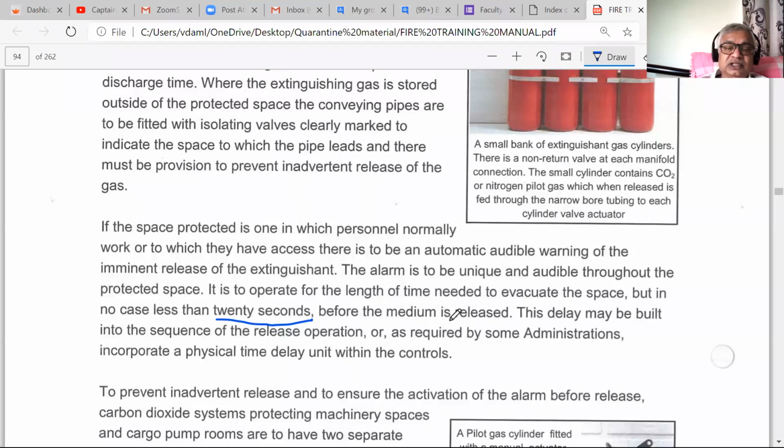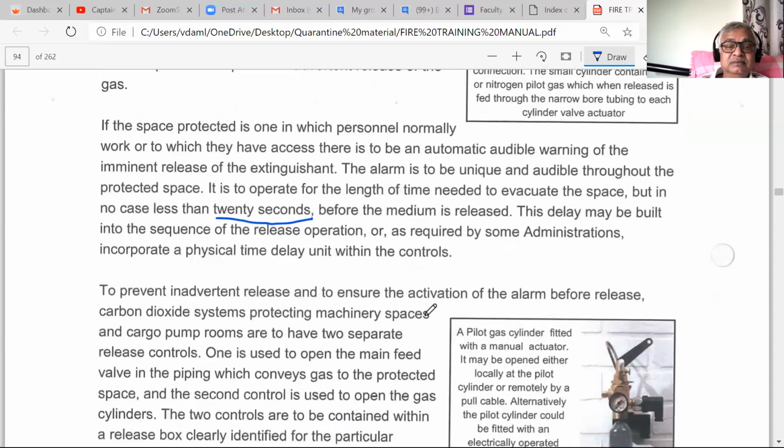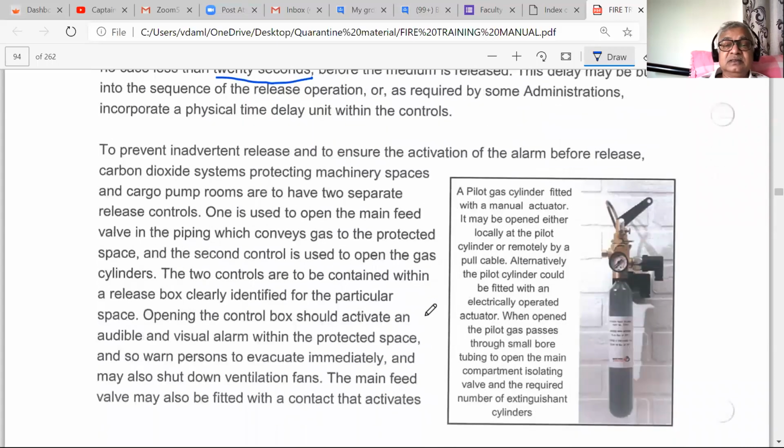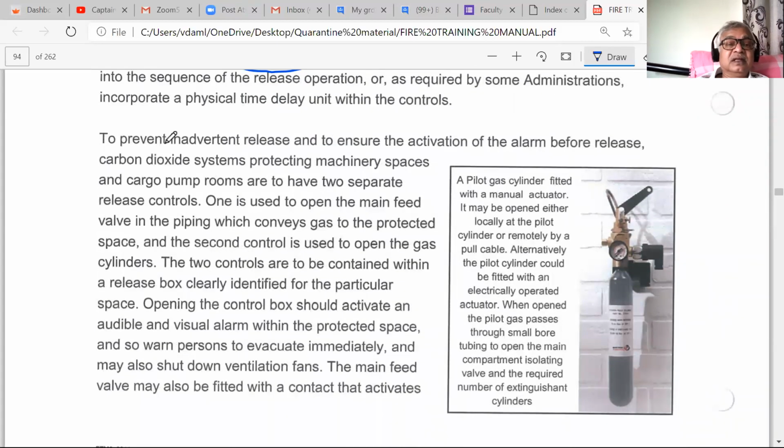This is not less than 20 seconds; it might be even more. In most cases it will be at least about 2 minutes, allowing people to escape from the engine room. Otherwise, you will kill some people. This is to ensure activation of the alarm before release.